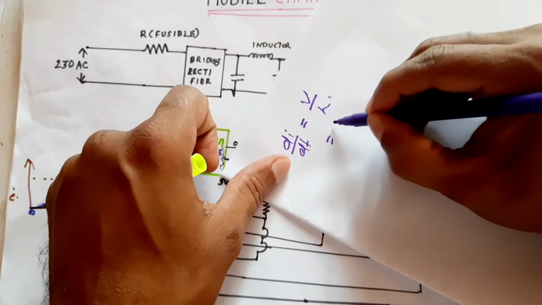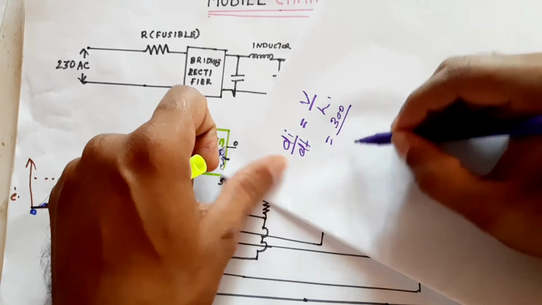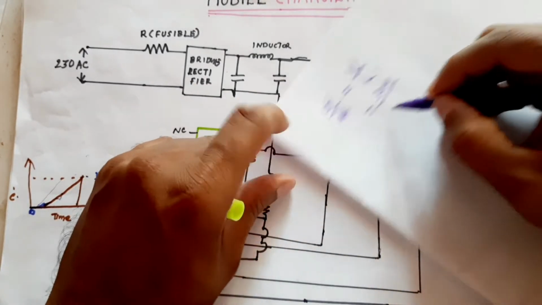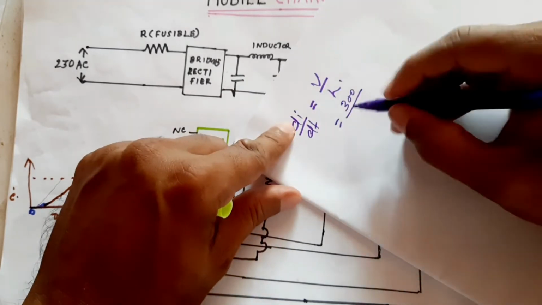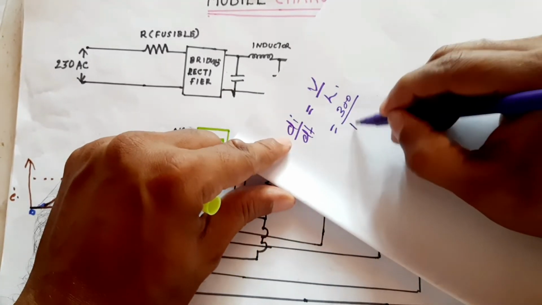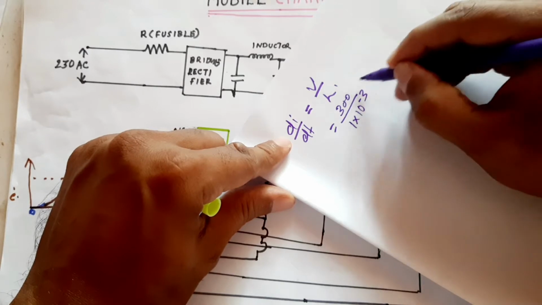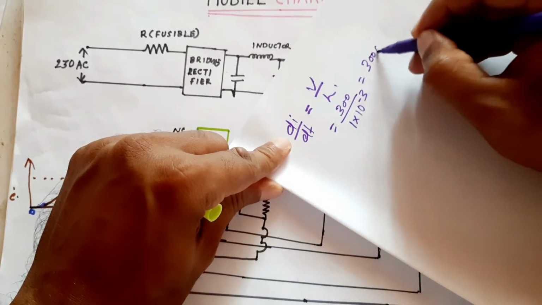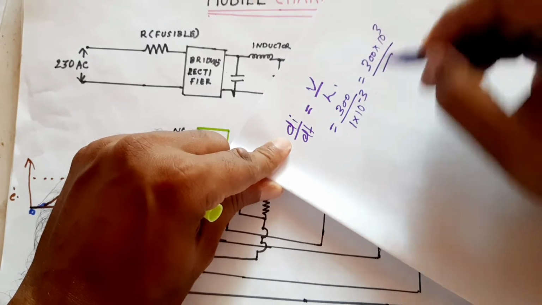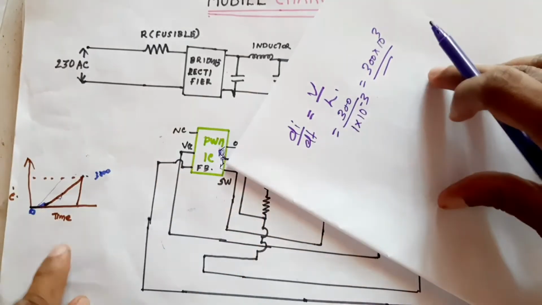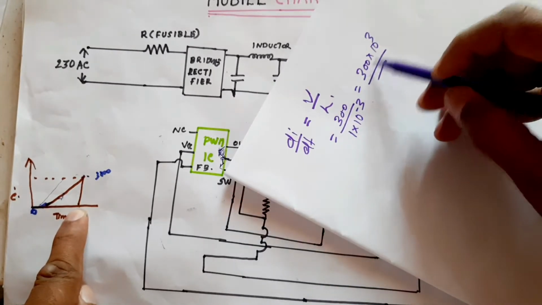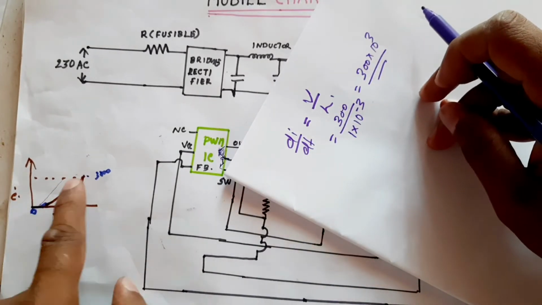Let's say the voltage is 300, and we have put a 1 millihenry inductor as the primary inductor. Then di/dt is 300 into 10 raised to 3, which means in 1 second the current would reach a value of 3 lakh ampere.